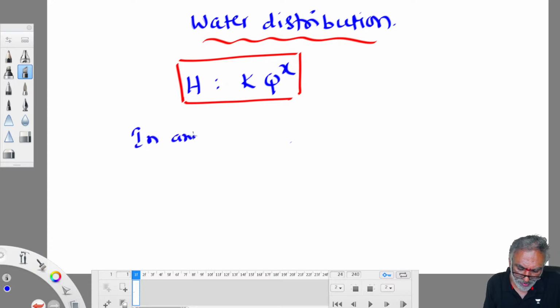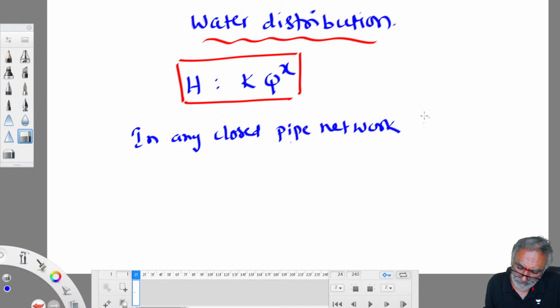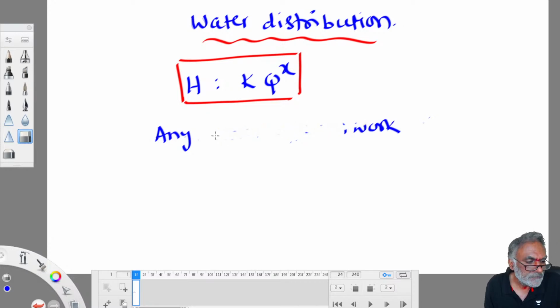In any closed pipe network system, two hydraulic conditions are there.